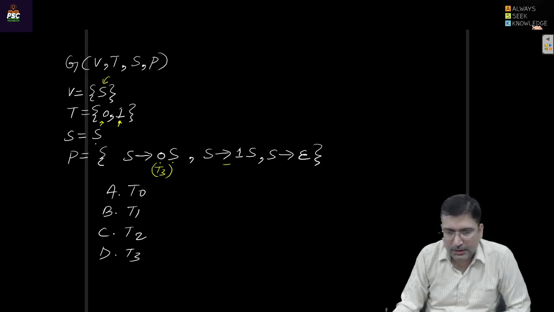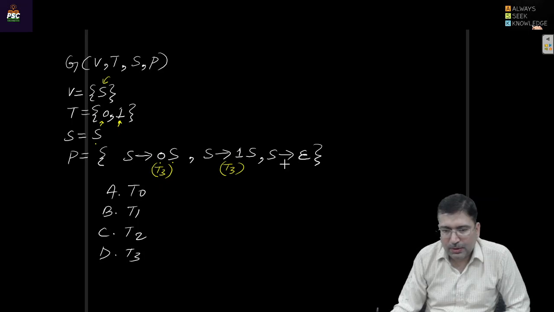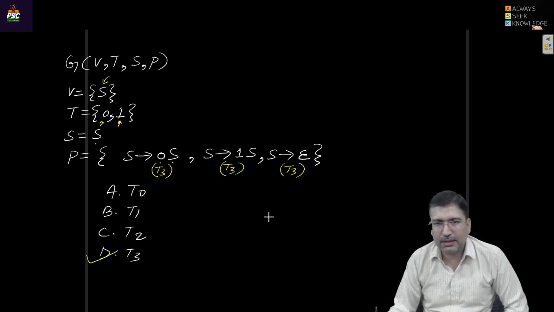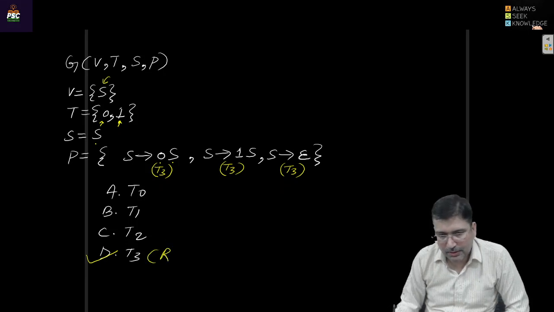The second is also in the same category, type 3, because a terminal is followed by a non-terminal. Now this production rule generates epsilon on this side, and epsilon is a kind of terminal, so a non-terminal generates a terminal. This is also allowed in type 3. So in this grammar, all three rules are type 3. That means it falls under the category of type 3, that is, regular grammar. So this is regular.